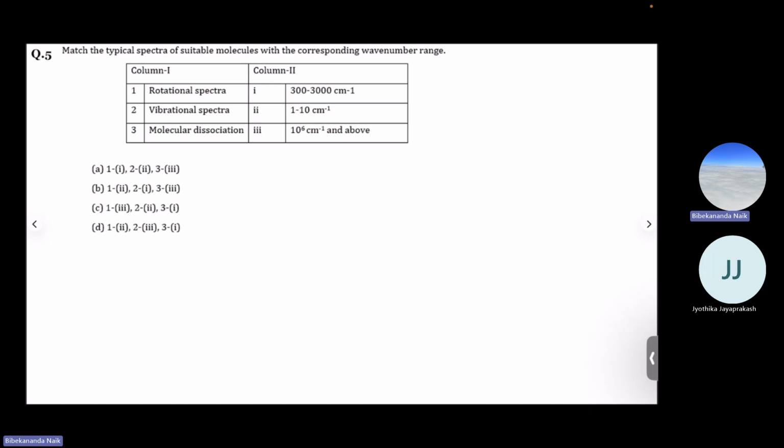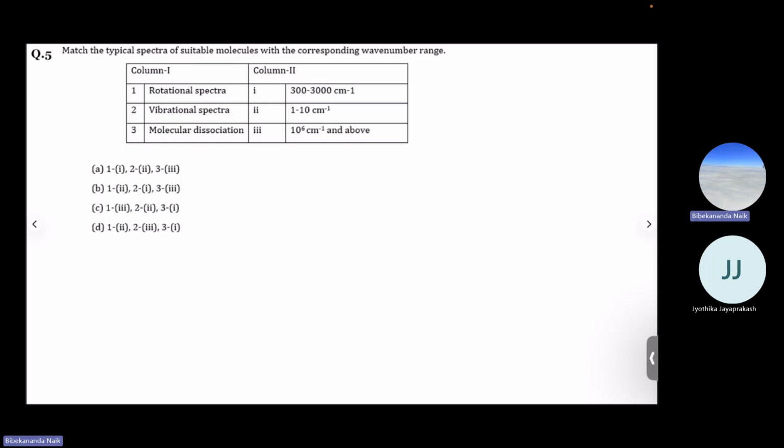Now we move to question number 5. Question number 5 says, match the typical spectra of suitable molecules with the corresponding wave number range. In column 1 we have rotational spectra, vibrational spectra and molecular dissociation, and in column 2 we have 300 to 3000 centimeter inverse, 1 to 10 centimeter inverse, and 10 to the power 6 and above centimeter inverse.